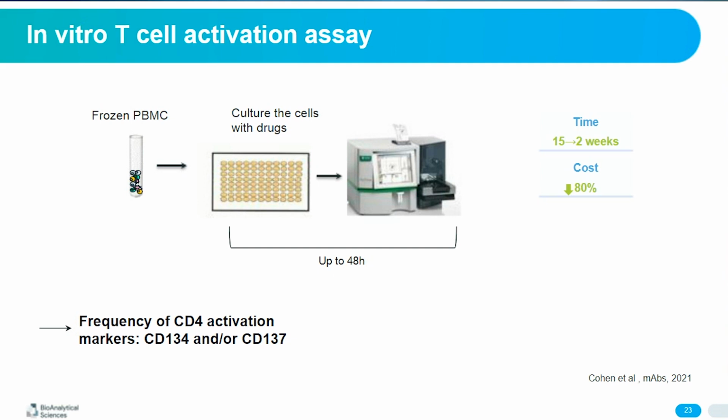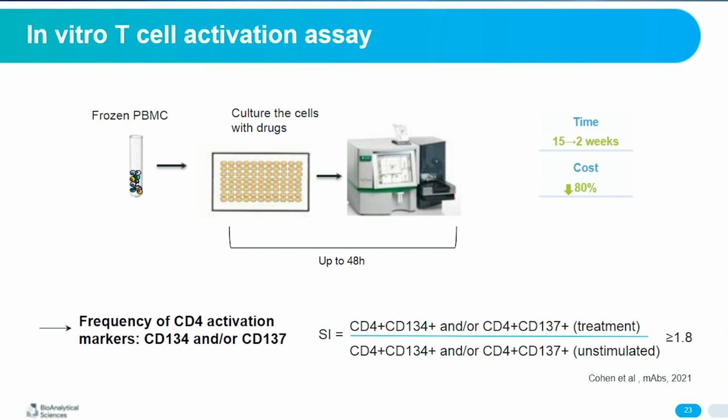So how does this assay work? We use frozen PBMCs, culture them with the drug for 48 hours, and then by flow cytometry, we gate on the CD4 live population and the markers CD134 and/or CD137. We calculate the stimulation index. This is the expression of those markers in treated versus untreated cells.